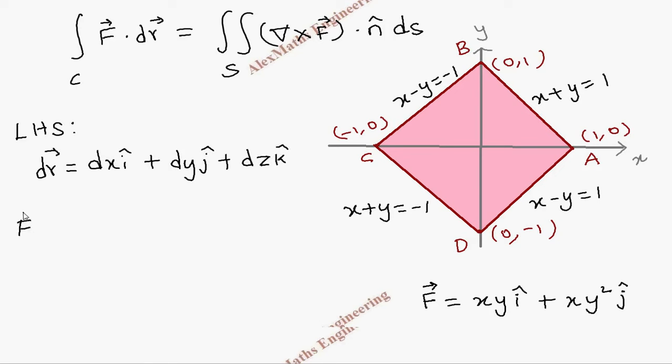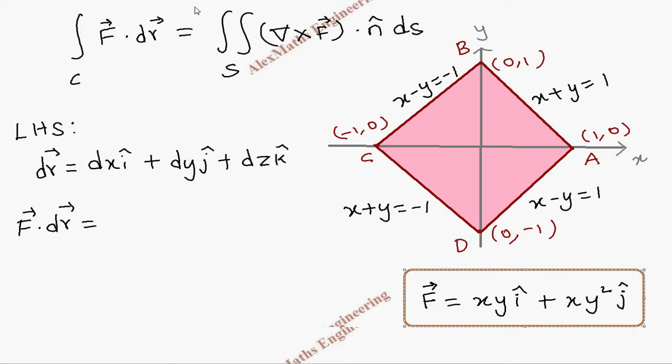So F vector dot dr vector becomes the dot product of the F vector given in the question with this dr vector. Multiplying corresponding i and i components, it is xy dx plus xy squared dy, and there is no k component in the F vector. So this is our F vector dot dr vector.